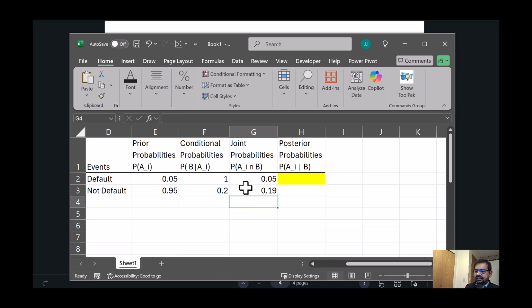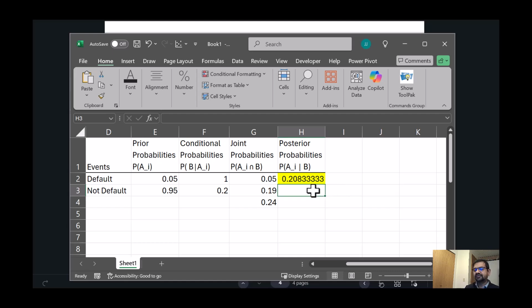And then we'll look at the marginal, which is the sum of these two. And our outcome of interest is probability of defaulting given that they missed a payment, which is essentially our numerator, which is Ai intersection B, divided by our marginal, which is 0.2083 or 0.21.